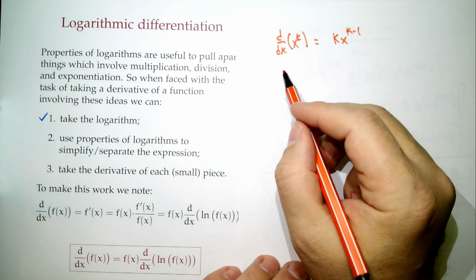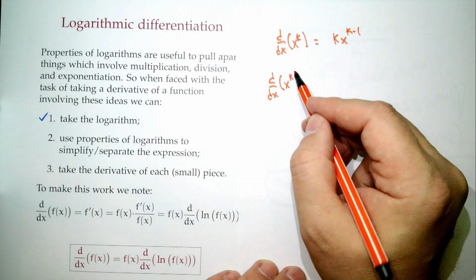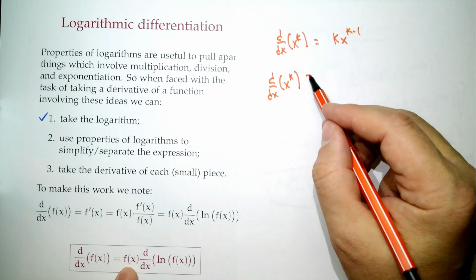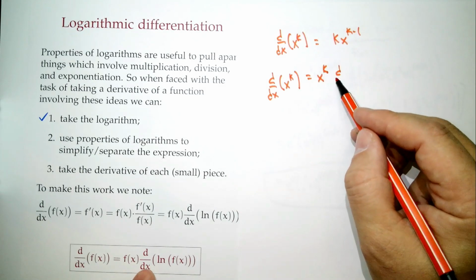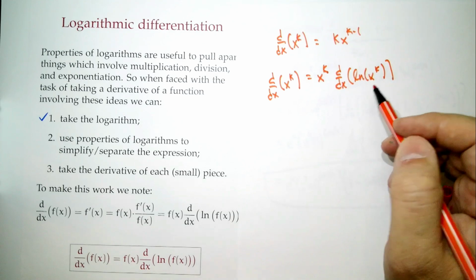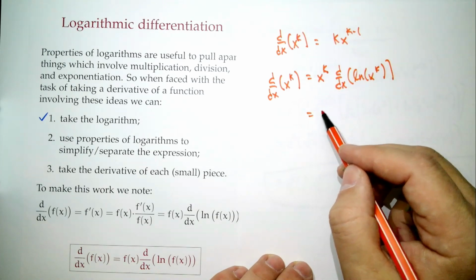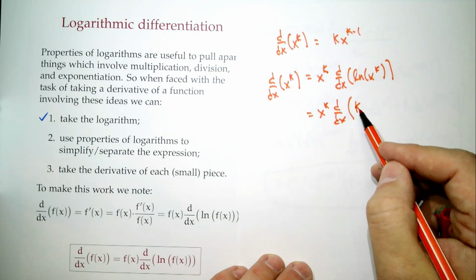So logarithmic differentiation says the derivative of x to the k is, well, according to here, the function, that's x to the k, times the derivative of natural log of x to the k. Well, what's another way to write natural log of x to the k? Yeah, the k can come down.